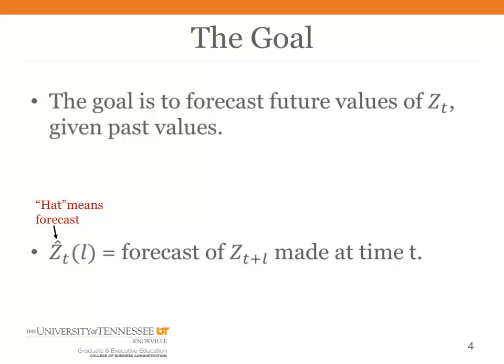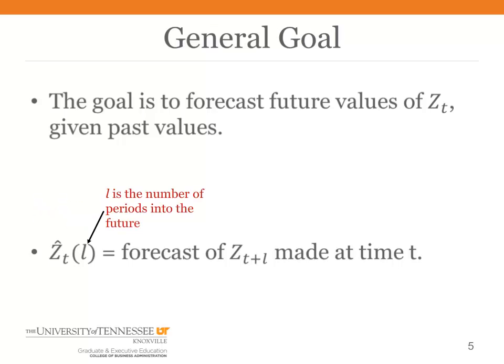So first of all, if I'm talking about a forecast of Z, rather than saying Z, I'm going to put a hat on top of it, that little symbol there, and that means that the value we're talking about is a forecast, not an actual value that we've observed yet.